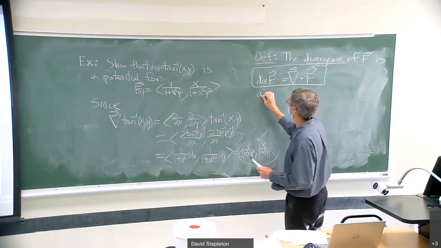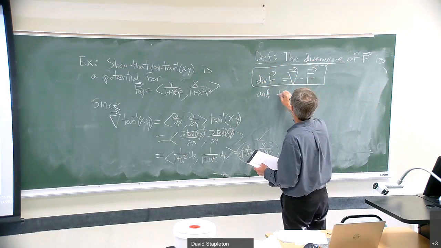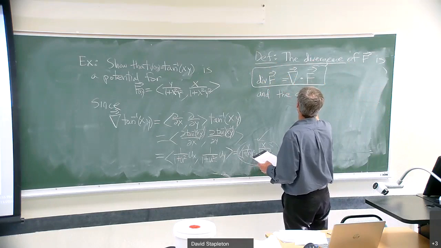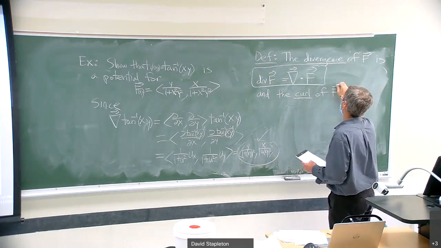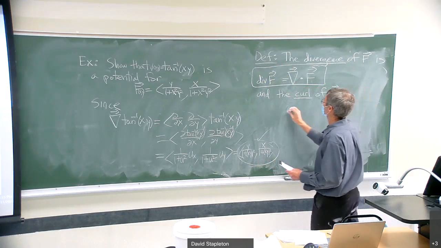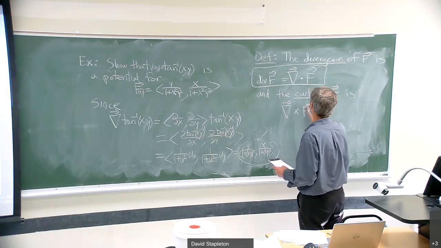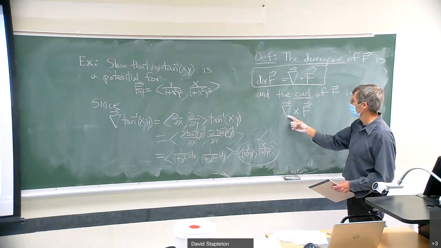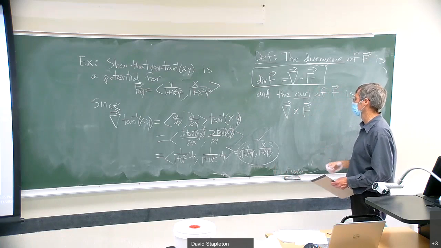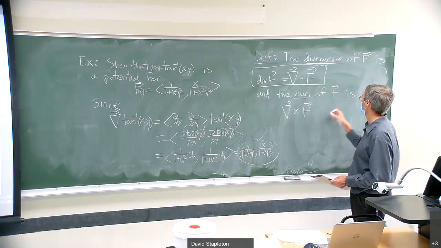And there's another thing we can do with vector valued functions or vector fields. The curl of a vector field f is del cross f. Since del is a vector operator, you can cross product it with a vector in 3 dimensions. This one only applies in 3 dimensions.